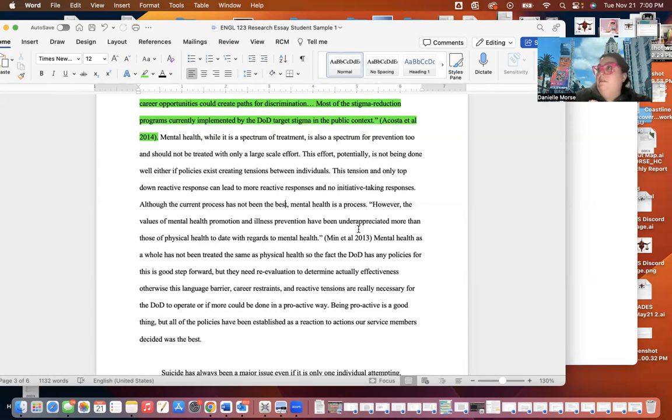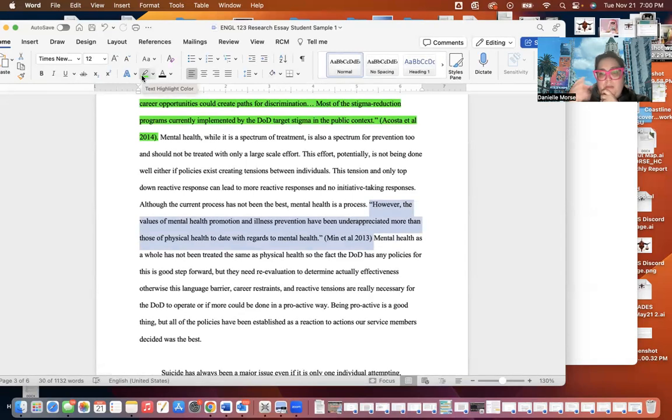Mental health is a process. Yes, it is. But mental health is also a very big concept, and you haven't whittled it down for the purposes of this particular research paper, very short research paper. Then we have another orphan quotation. Also, the punctuation for all of these are incorrect.